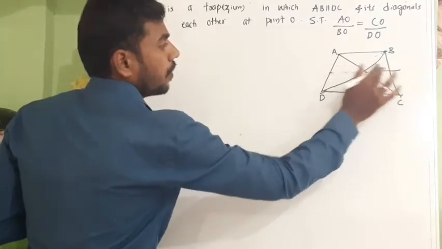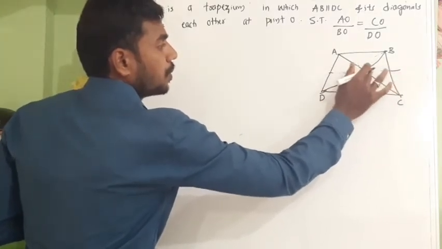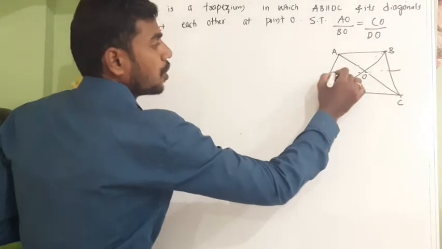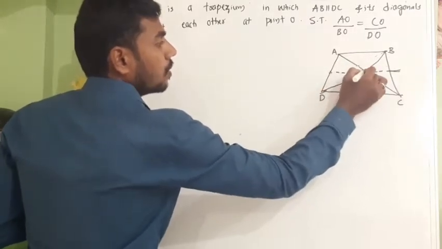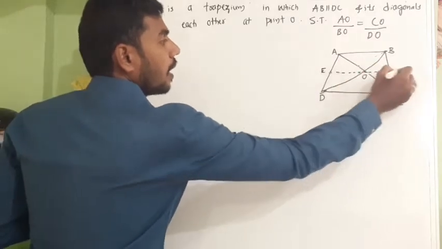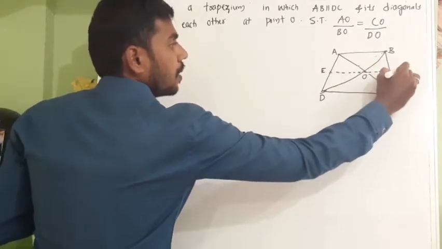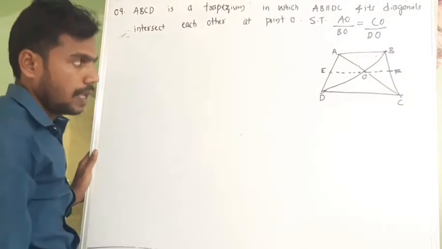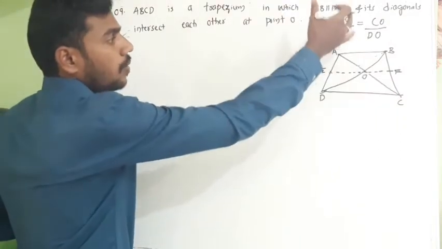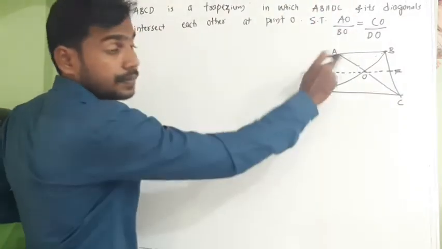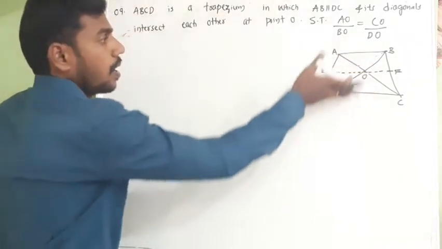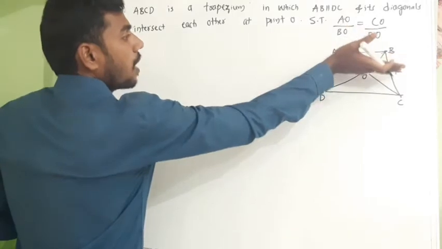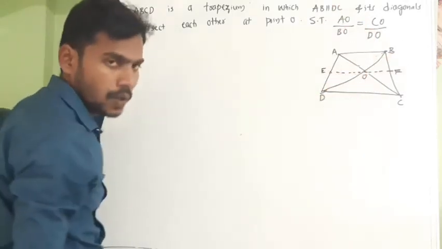Whichever construction you do, you should show it by a dotted line. So draw EF parallel to AB passing through the point O. Draw line EF parallel to AB through point O.